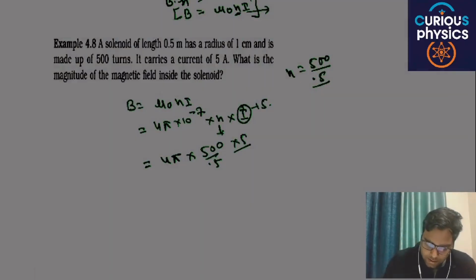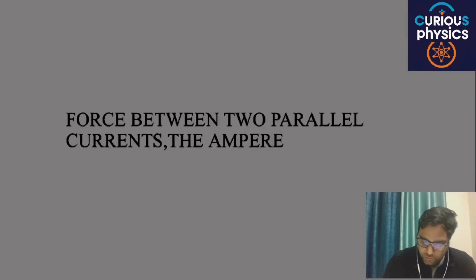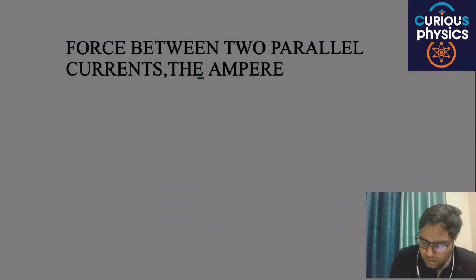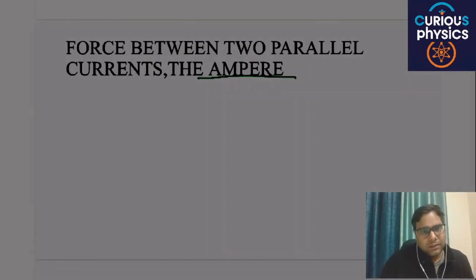Next is the force between two parallel currents, and again the topic is the definition of ampere, which is what 1 ampere current is, or the meaning of ampere. Here you will also get the definition of the ampere.